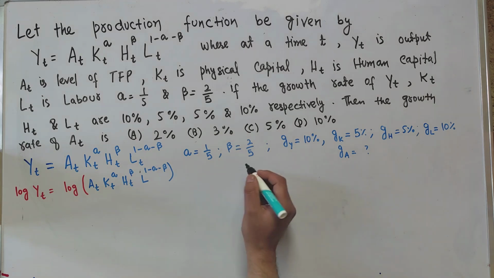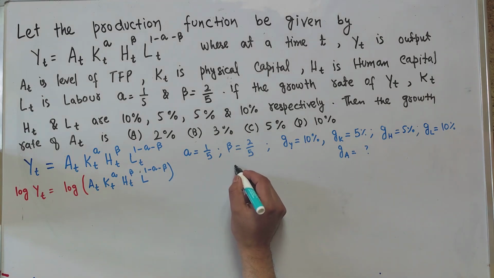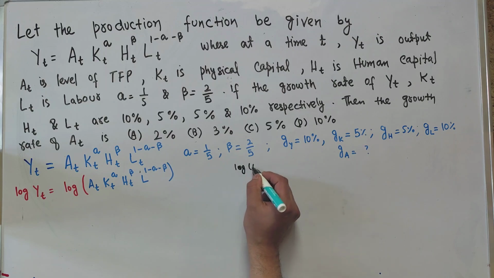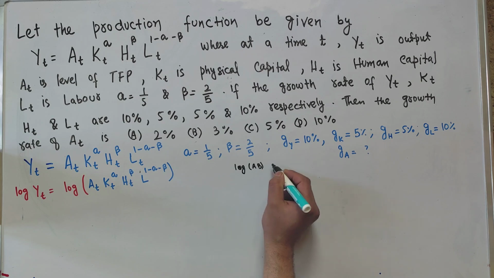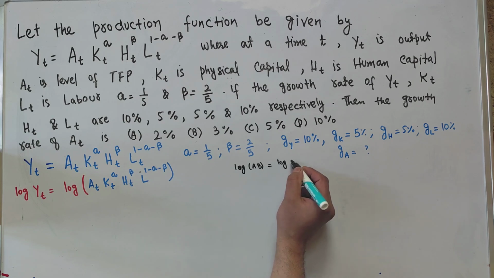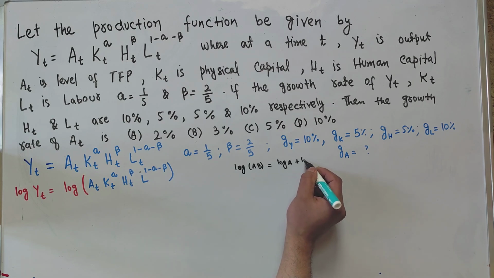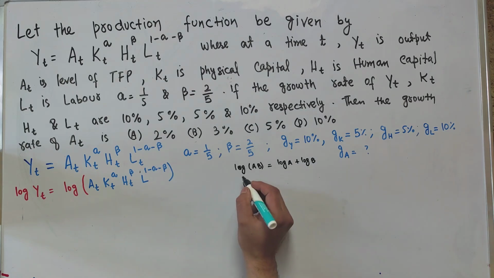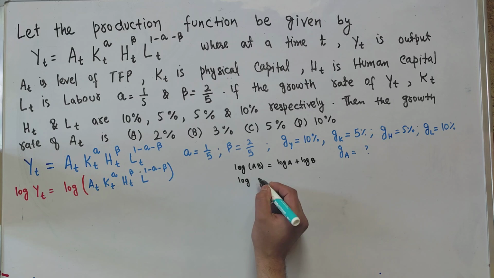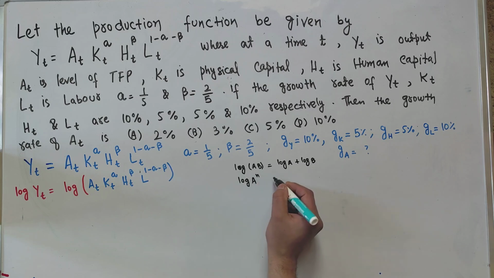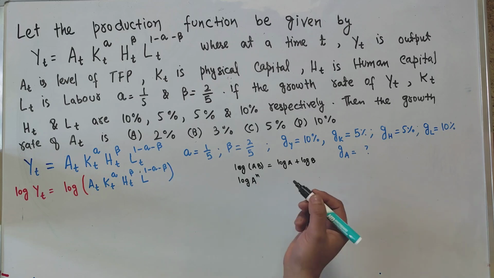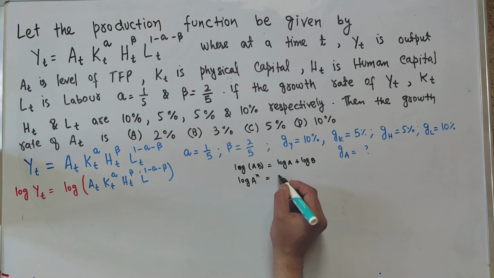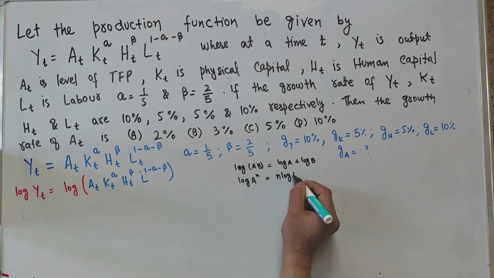So we know from the law of logarithms, log of ab is equal to log a plus log b. And also we know that log of a raised to the power n is written as n log a.